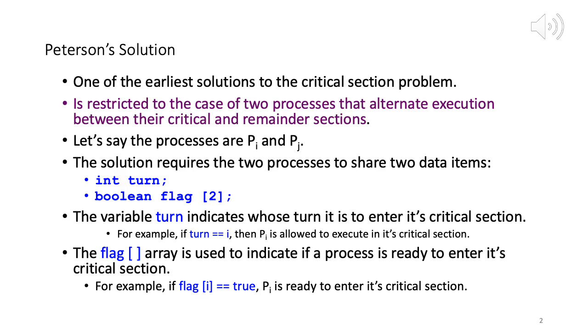Both Pi and Pj may have flag true, but the actual value of turn will determine who enters. Note, it's a single variable, so at a given point of time it can be either i or j, not both. Whatever the value of turn is will determine who is actually allowed to enter and then execute in the critical section.